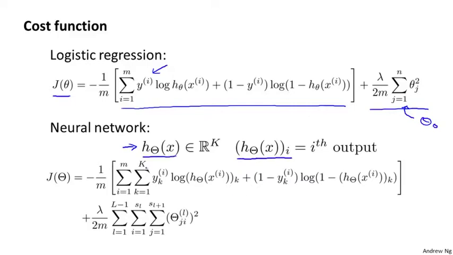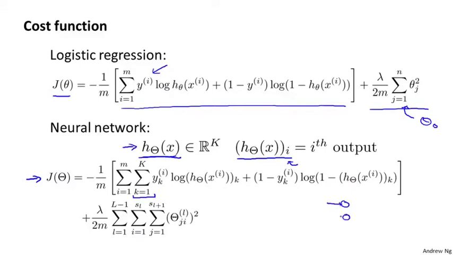That is, h(x) is a K-dimensional vector, and so this subscript i just selects out the ith element of the vector that is output by my neural network. My cost function J(theta) is now going to be the following: minus 1 over m of a sum of a similar term to what we had for logistic regression, except that we have this sum from k equals 1 through K. This summation is basically a sum over my K output units.